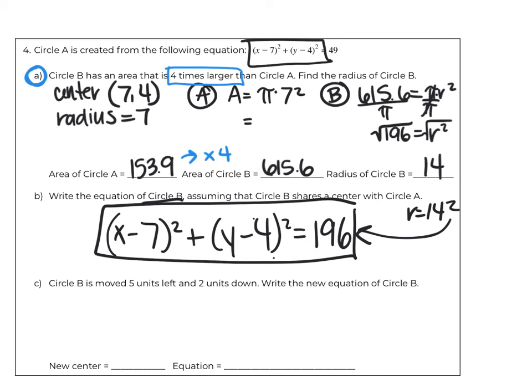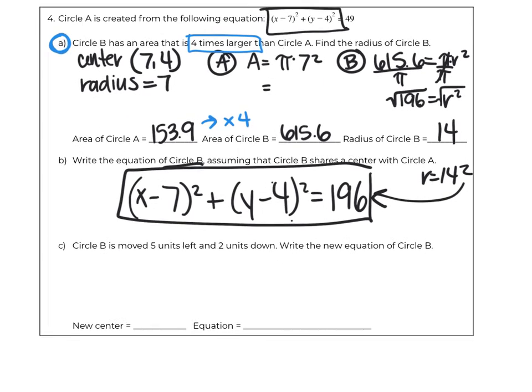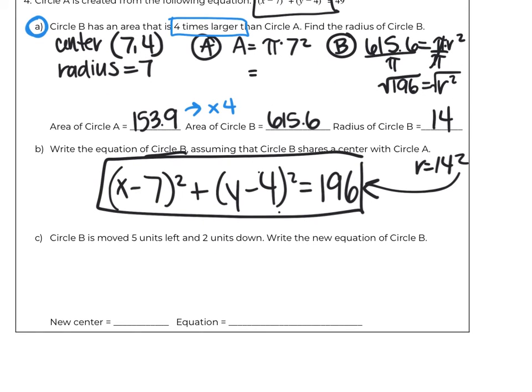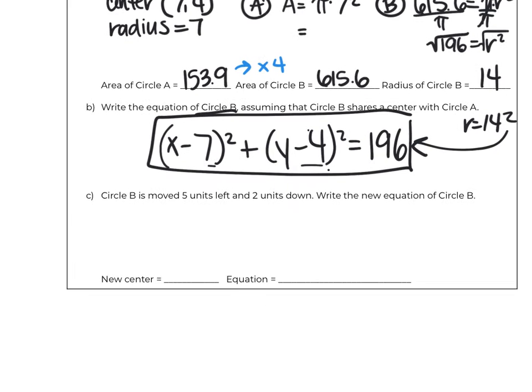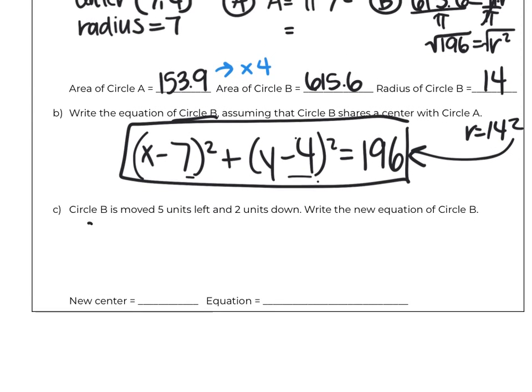Okay? All right, please watch closely on C. I cannot subtract 5 and 2 from 7 and 4 because 7 and 4 are not the center. So if you do not have your answer yet, make sure you're looking up here. So you need to write down, what is the center of B before it's moved?